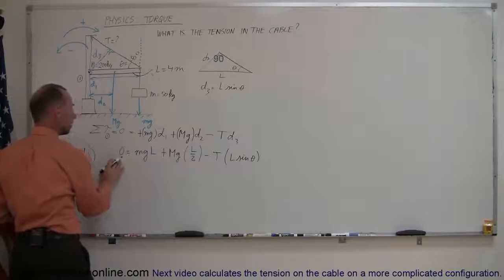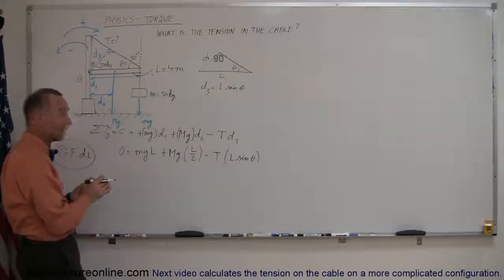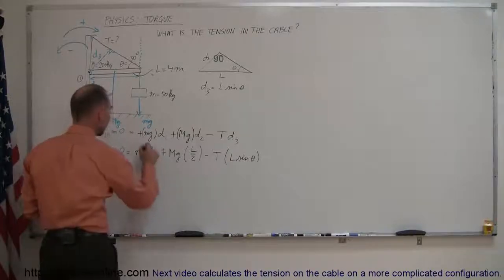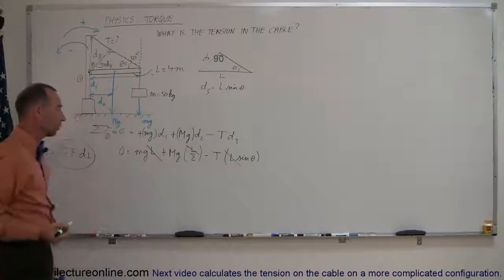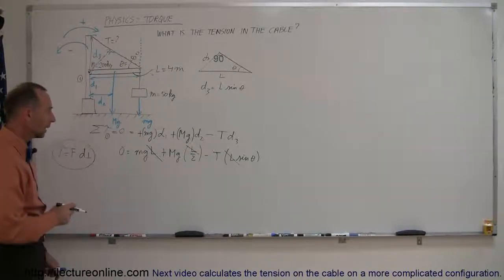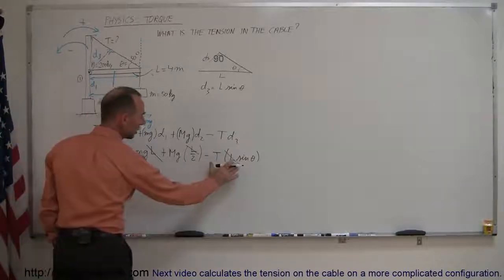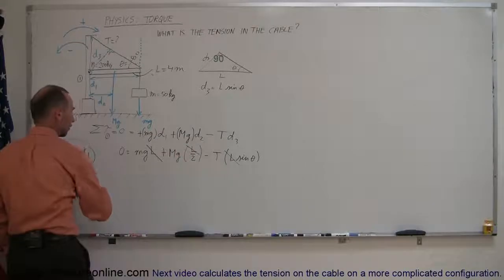Now since this whole thing is set equal to 0, notice I can actually divide both sides of the equation by L. We didn't even need to know the length of the beam. So L simply cancels out because the whole equation has an L in each term and it's set equal to 0. The next thing I'm going to do is move the component that has the variable I'm looking for, which is the tension here, to the left side of the equation.